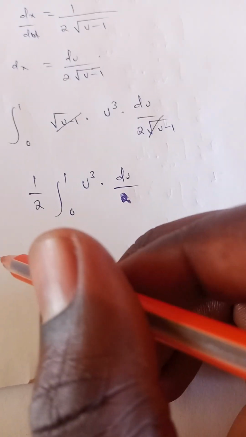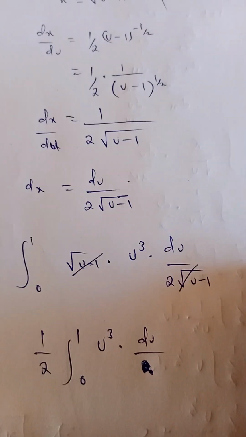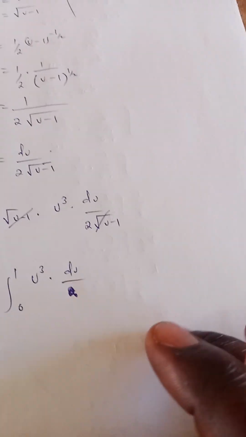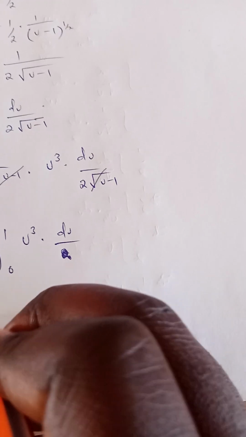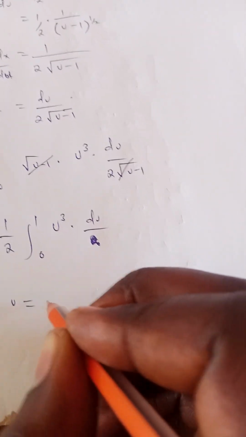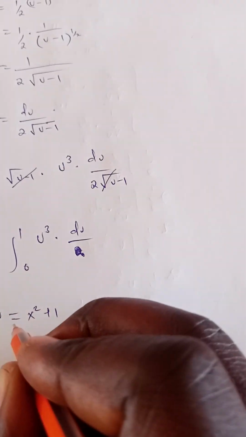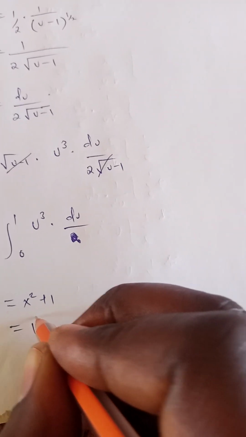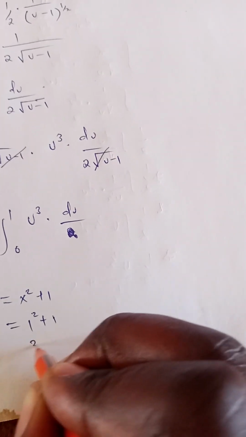So we're supposed to change the limits when we're changing variables, unlike when we're doing u substitution. So what we're going to do here is, we understand that u is equal to x squared plus 1. So we're going to have the upper limit like this, so this is going to be 2.